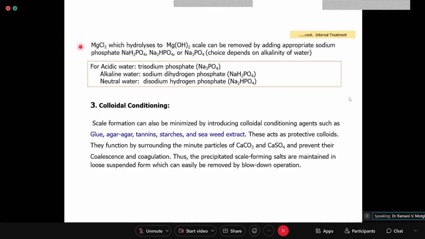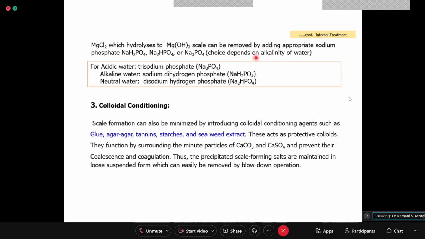Magnesium chloride, which hydrolyzes to magnesium hydroxide scale, can be removed by adding appropriate sodium phosphate, like sodium dihydrogen phosphate, disodium hydrogen phosphate or Na3PO4. Now it depends on the pH of the water sample.